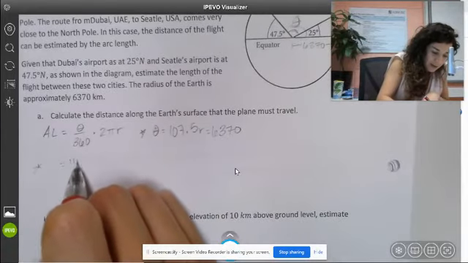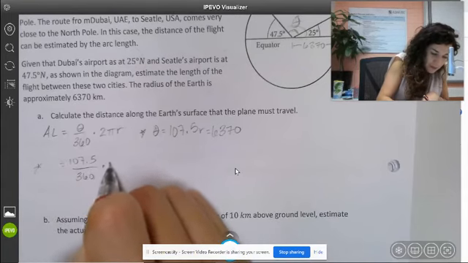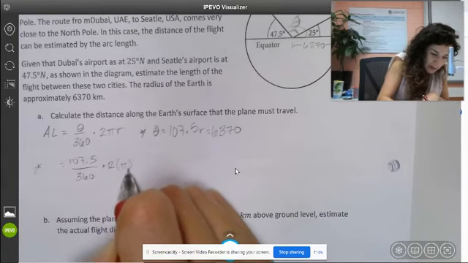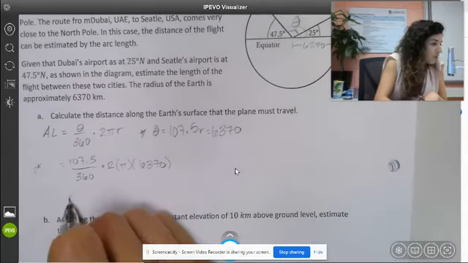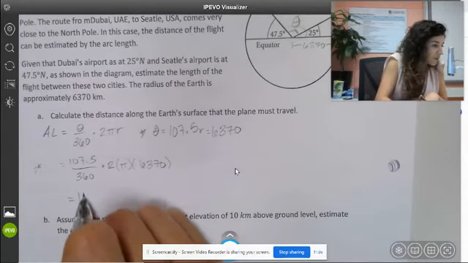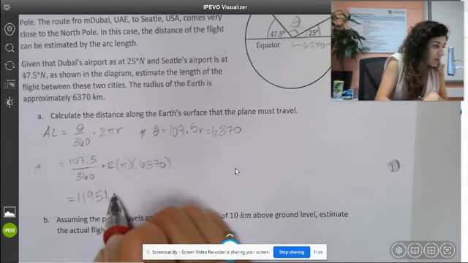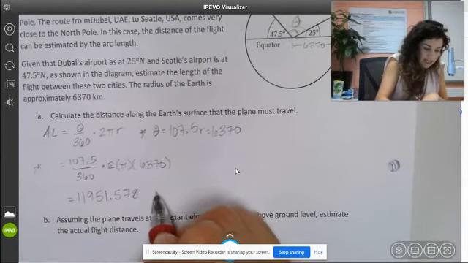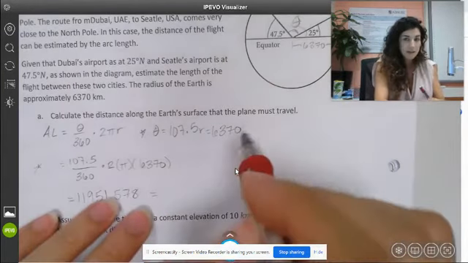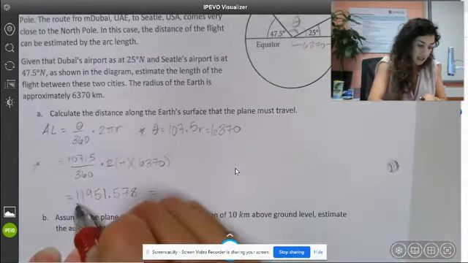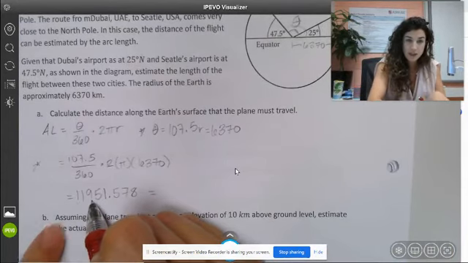Plugging in 107.5 divided by 360 times 2 times pi times the radius, we should have gotten 11951.578. And we will do 3 significant figures here. Even though it seems like a massive rounding, this is your first significant figure, your second, and your third.